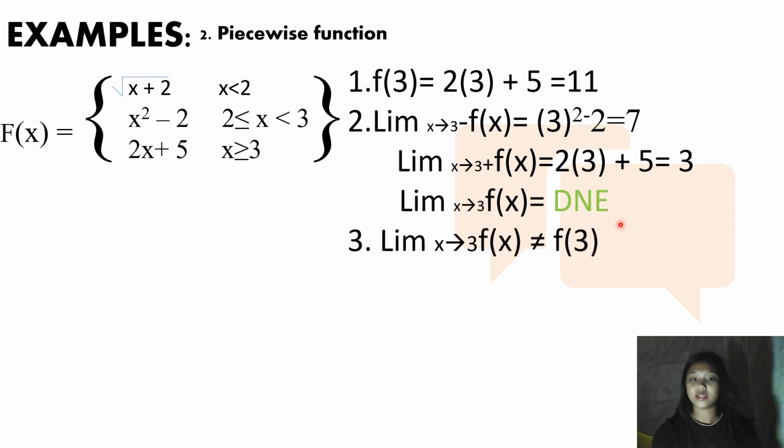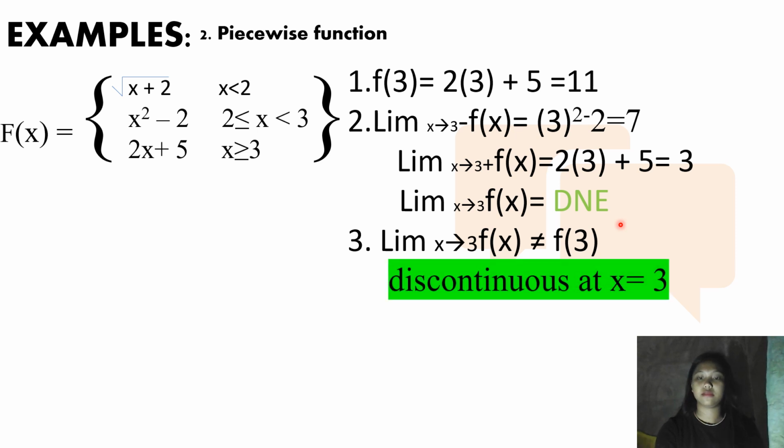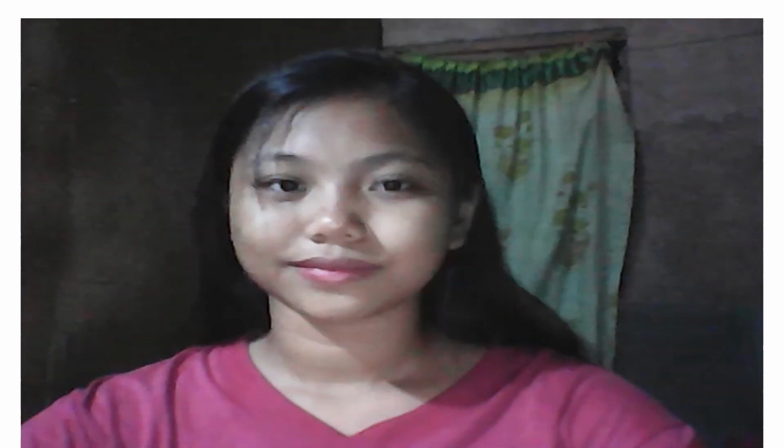Right? You can see here that they are not equal. This means that this is a discontinuous function, or what we call a jump discontinuity. That's all about continuity of a function.